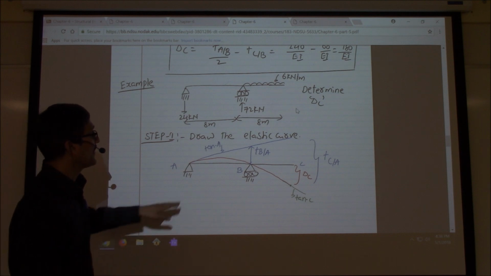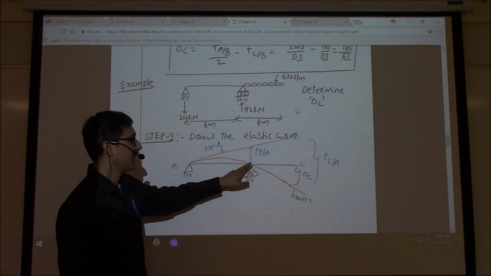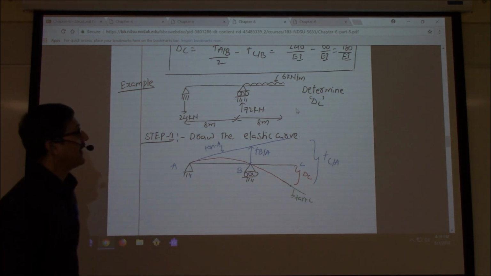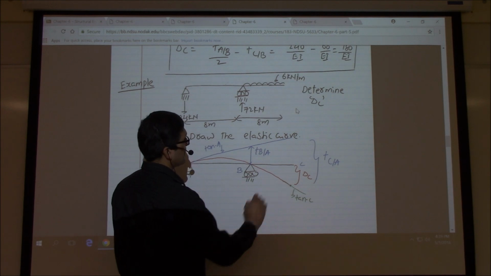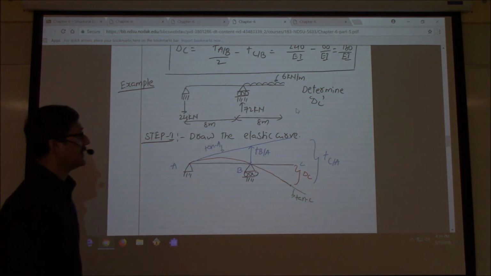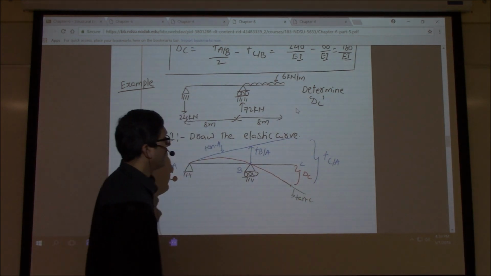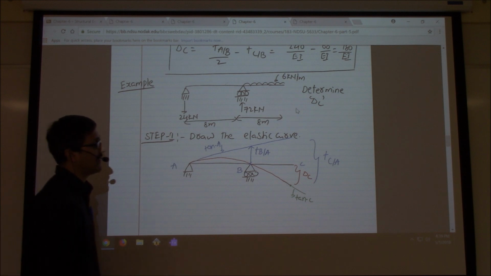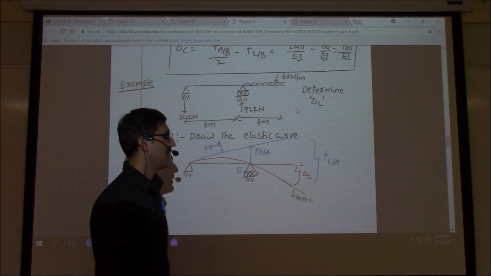Here the first step is always to draw the elastic curve, which is drawn in the red line here, and the second step is always to put the tangent at the point of interest, which is C here. We drew a tangent at the point C. We are very interested in this delta C, but as I previously mentioned, moment area theorems will not let you evaluate this delta C directly.